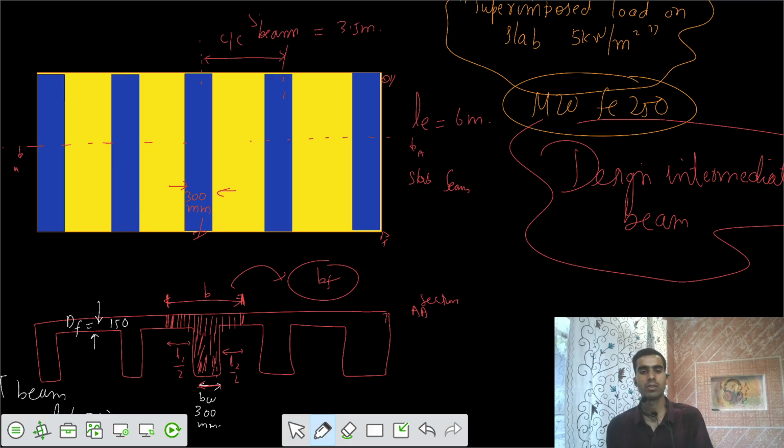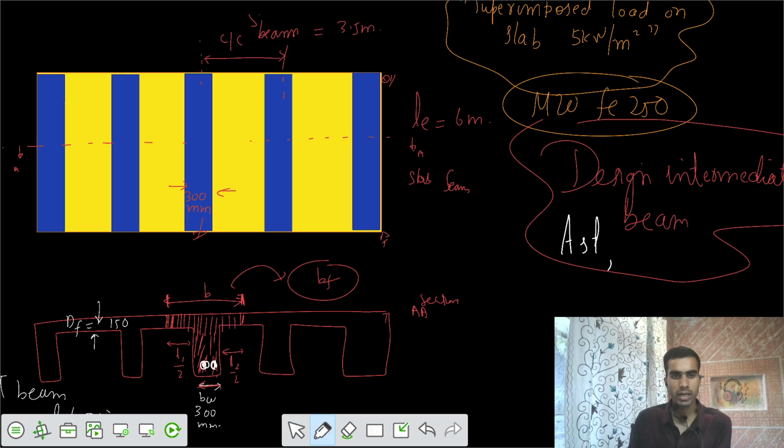What is missing in this beam? If it is subjected to loads that develop bending moments, I think we need to design for the area of steel, which we call Ast.